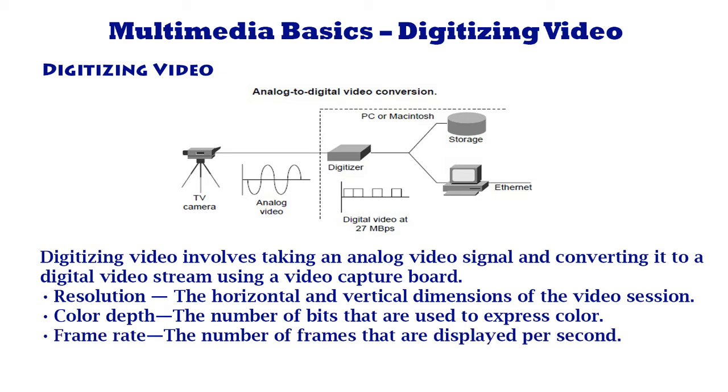Third is frame rate. The number of frames that are displayed per second. To deliver NTSC quality video, 30 frames per second are displayed, whereas PAL and SECAM display 25 frames per second.